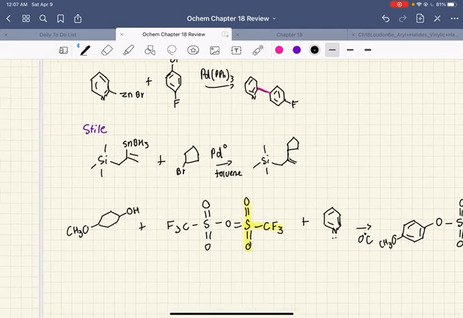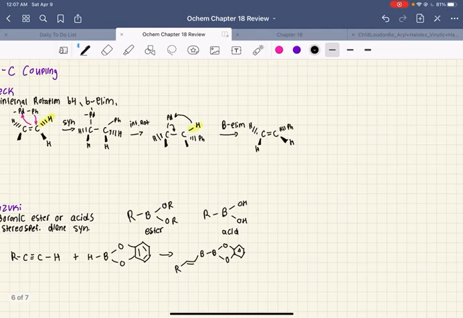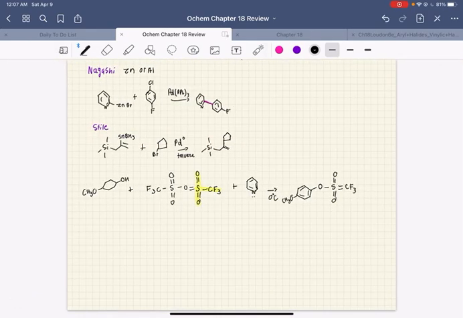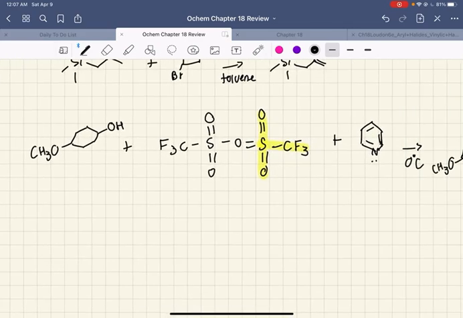So we went over Stille and Negishi. We have not talked about Sonogashira, which uses copper. So yes, Sonogashira.